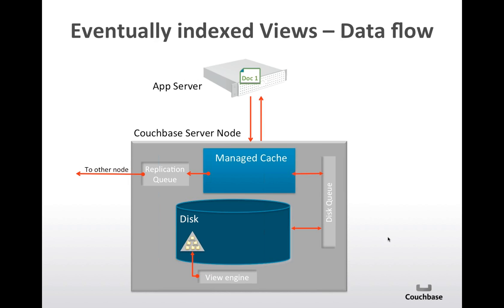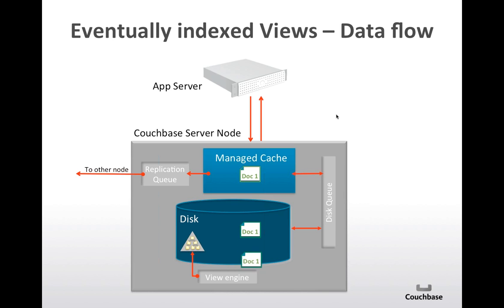So let's see how the indexing works on a single node. Going back to the earlier example, we have the app server which writes the document to the managed cache. It gets sent to the replication queue and the disk queue. Only when the document gets persisted to the disk does it become available for indexing.